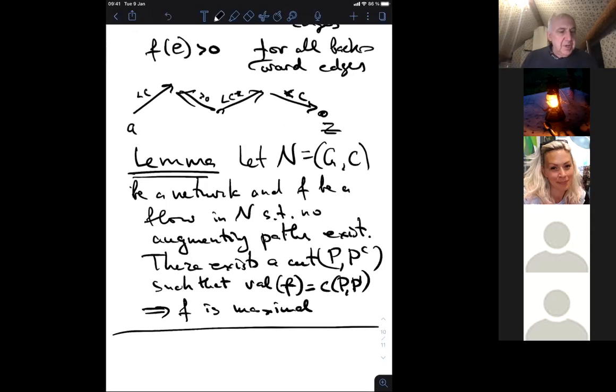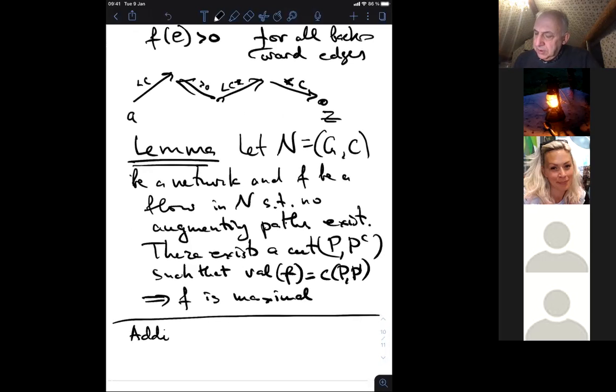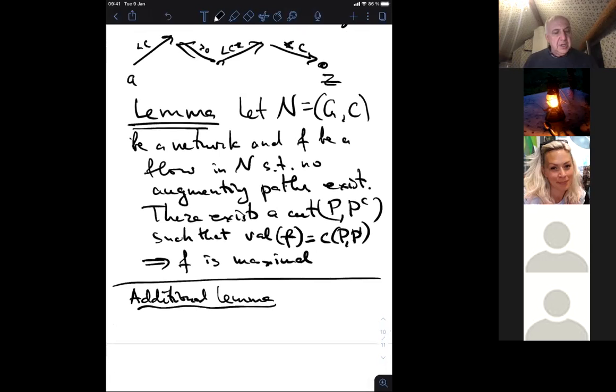Before I prove this lemma, I think I forgot one lemma before, which would be used in this one, an additional lemma. So we have shown that for any cut, the flow is at most equal to the capacity of this cut. Let me now characterize when those things are equal. Okay.